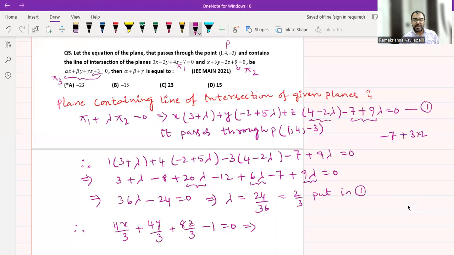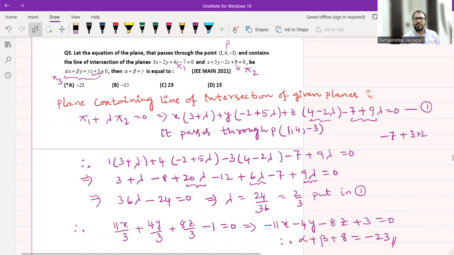So multiply with negative: minus 11x minus 4y minus 8z plus 3 equal to 0. So therefore alpha plus beta plus gamma equal to, it is a very simple question, you will get minus 23. So be careful, they have given here plus 3. That's why we need to multiply with the negative sign.